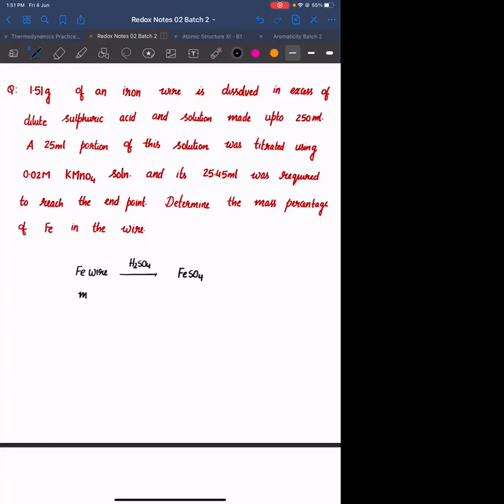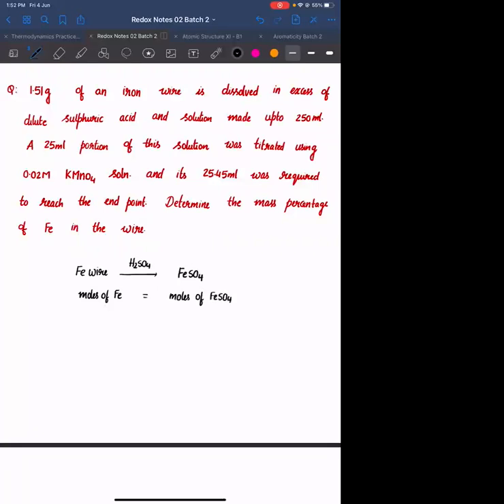So moles of Fe must be equal to moles of FeSO4.